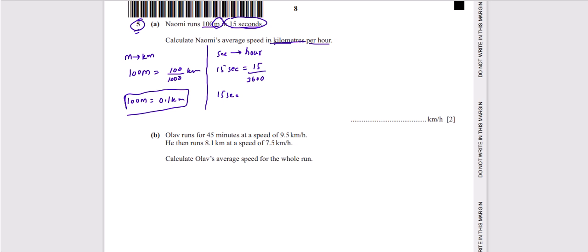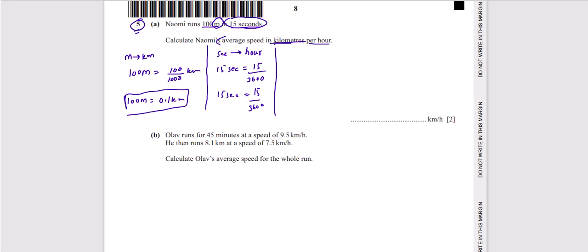Using calculator, 15 divided with 3600. It is also written in this form, 15 over 3600.